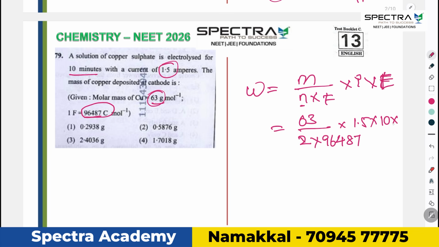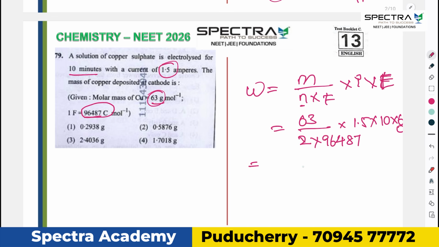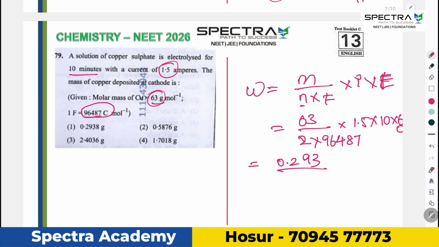They gave it in minutes, so you have to convert it into seconds, 60. After solving that you will get the answer 0.2938. If you solve that you will get 0.293, that is the first option.